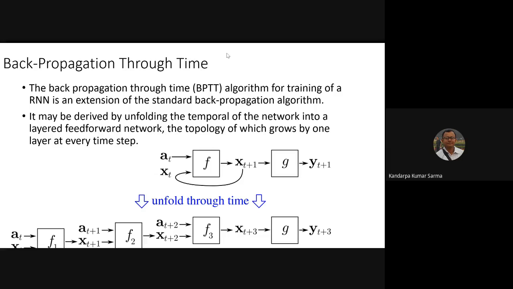Supposedly you are training this particular layer F. There are different training time slots, like T1, T2, T3, T4, T5, T6. So this F can have different replicas at different time slots. At T1 that will take a different shape, at T2 a different shape, at T3 a different shape. That means you are unfolding the network into varied versions at different times.